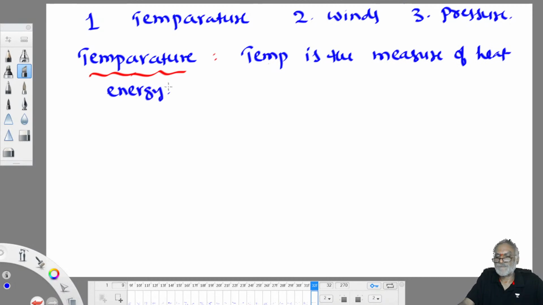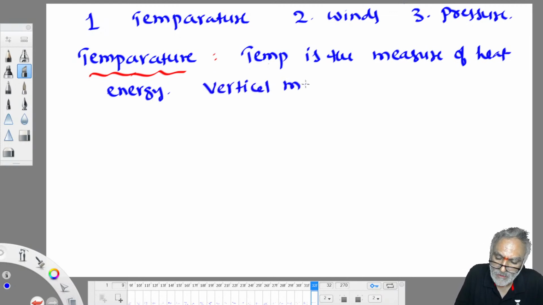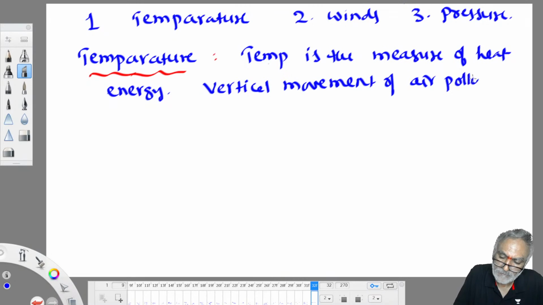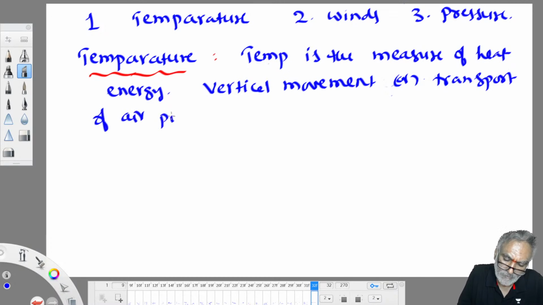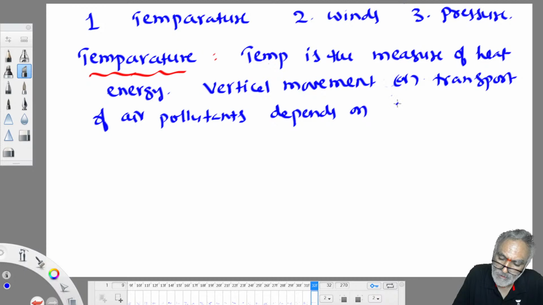The vertical transport, or vertical movement, of air pollutants in the atmosphere depends on the temperature profile of the vertical atmosphere.